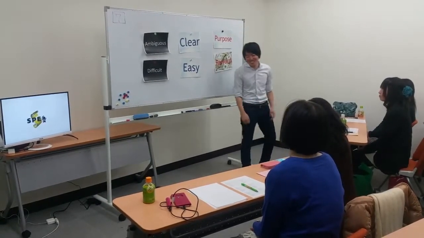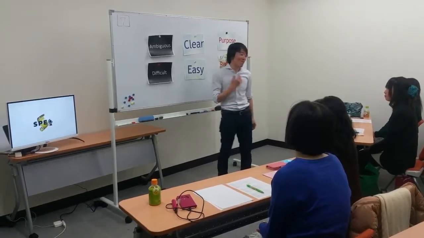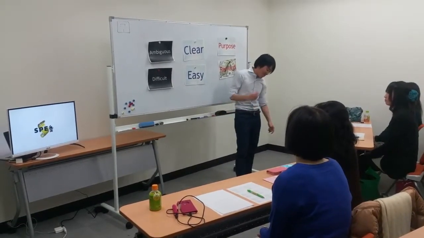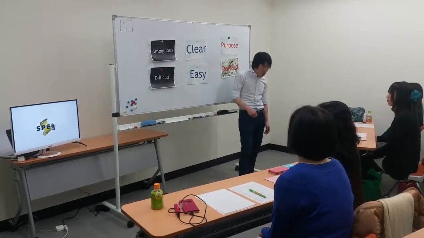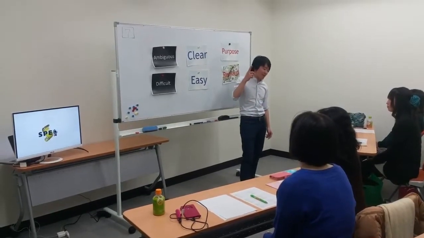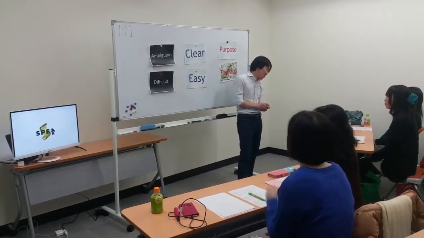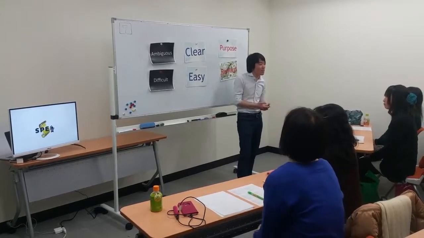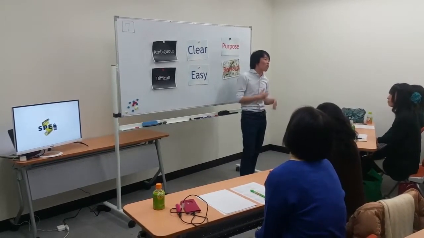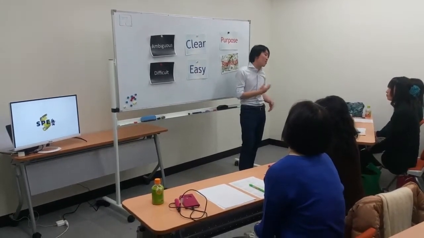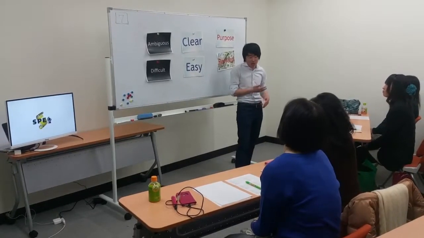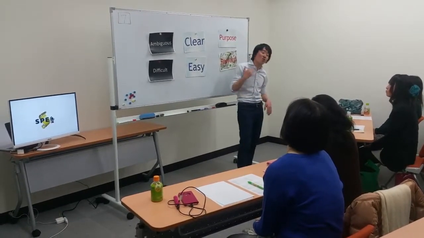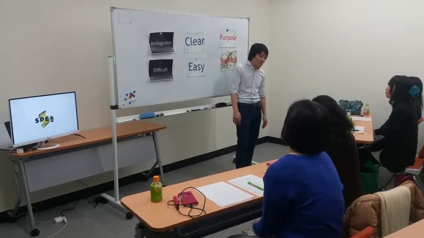Okay, let's go again to weather forecasting. If I say the upper cold air masses accompanied by a low pressure system is coming from the polar region, and on the other hand, a warm and humid air mass is coming from the south, associated with high pressure systems over the Pacific Ocean.